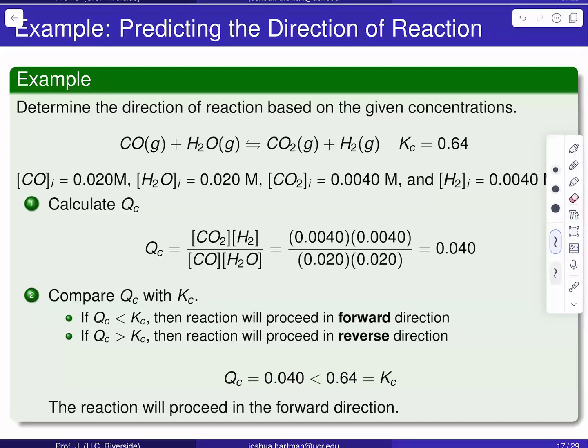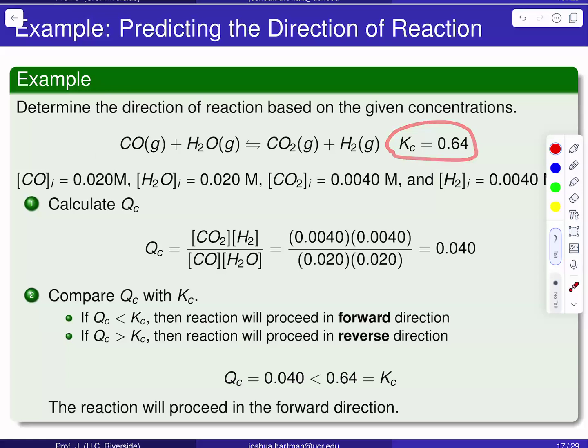All right, so now that we have this interpretation of our reaction equilibrium constant, what I now want to do is look at an example of how we can use this information to predict the direction of a reaction given some initial state. So let's turn again to our example involving CO and H2O forming CO2 and hydrogen gas.